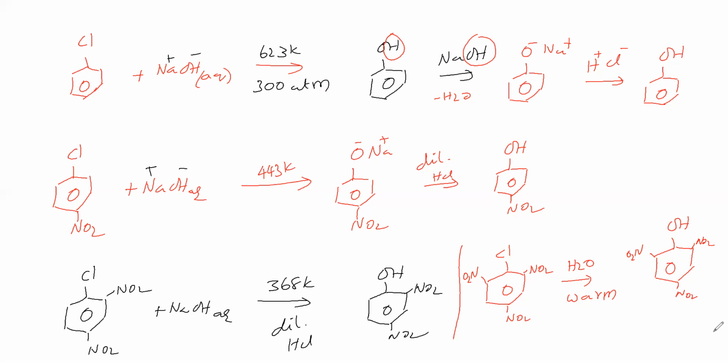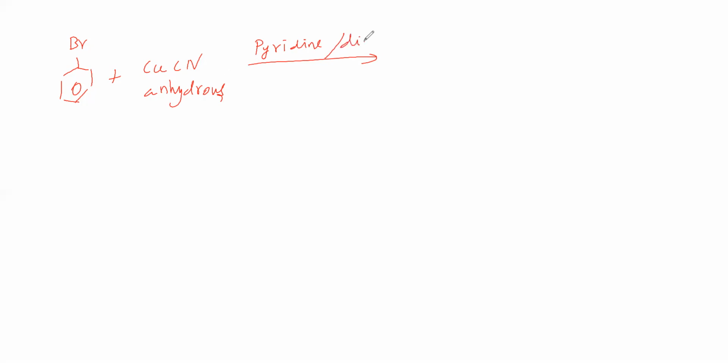Next nucleophilic substitution reaction we'll see. We'll take bromobenzene. Cuprous cyanide we will take in the anhydrous form. Then we will keep pyridine, otherwise dimethyl formamide.